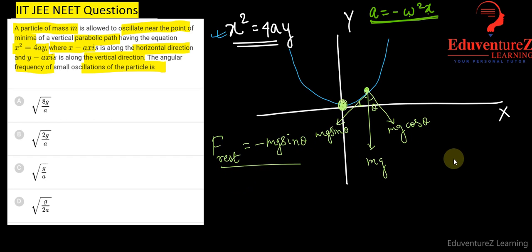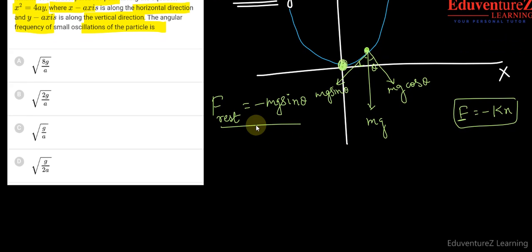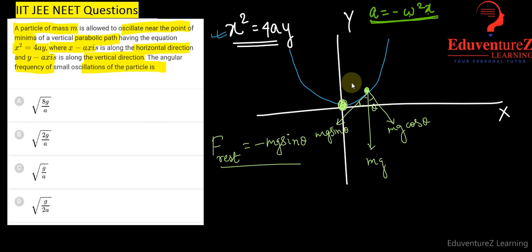From the equation of SHM we have studied F equals minus kx, where F is the restoring force. Now F restoring is equal to minus mg sin theta, and from Newton's laws of motion, force is mass into acceleration, which equals minus mg sin theta. So m cancels out.